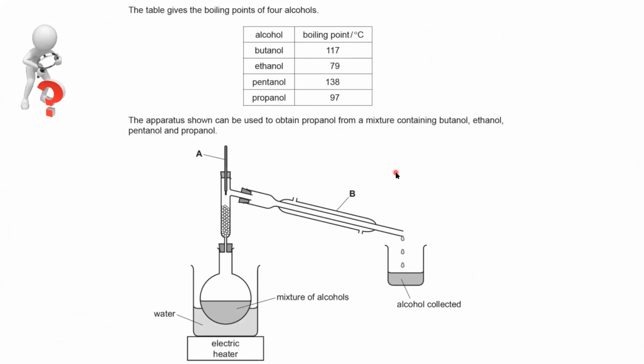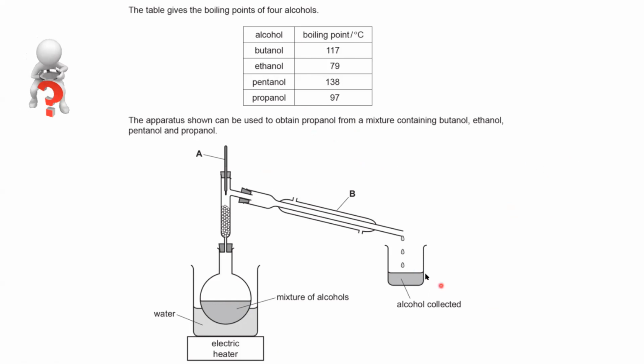What is the name of the technique used here to separate the mixture? Simple distillation or fractional? This is fractional distillation, because you have a mixture of liquids and on the basis of the boiling point you are separating them from each other.